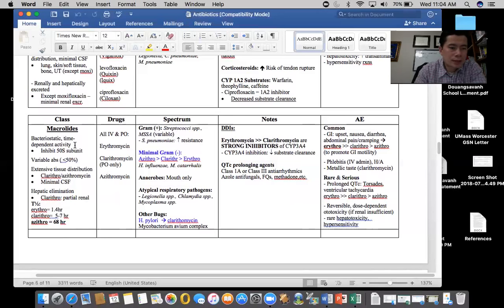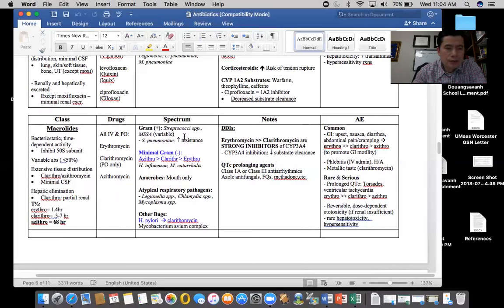So in this class, you've got erythromycin, clarithromycin, and azithromycin in the macrolides. It's bacteriostatic, time-sensitive. It inhibits the 50S subunit of bacteria. That's how the drugs work.